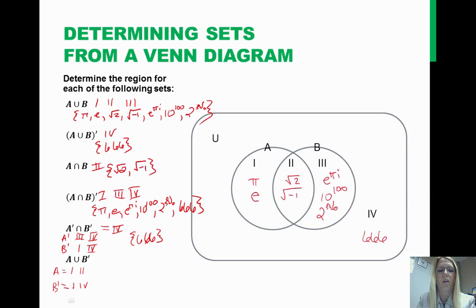So we want to put all of this together. So that means that we're going to need 1, 2, and 4. So our set here is pi, e, square root of 2, square root of -1, and 666.